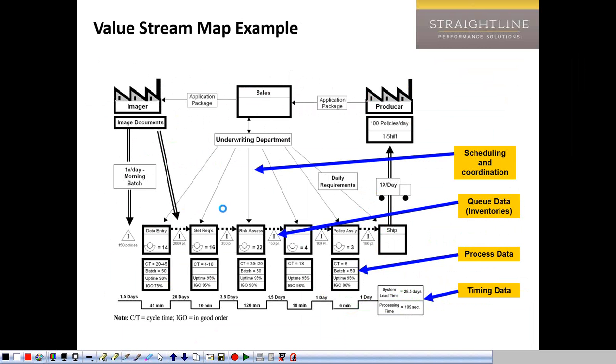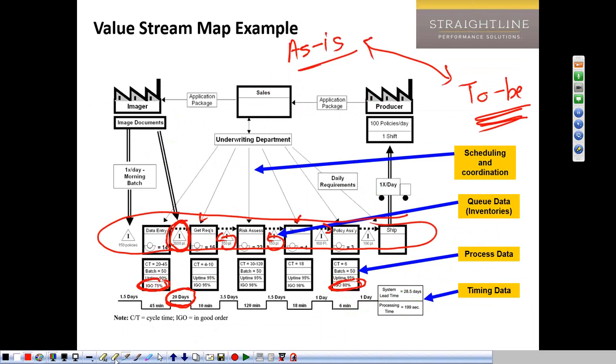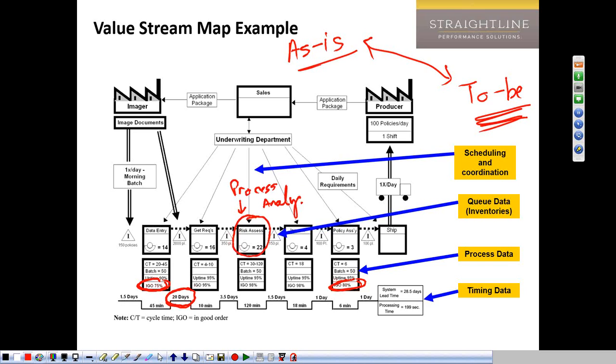Unlike this one, which I recommended you not do during your first project, this is a high-level process. The process analysis is for a very, very specific process, right? Here's where we might do process analysis. No way would we want to do process analysis on a huge process. Just wouldn't want to do it.